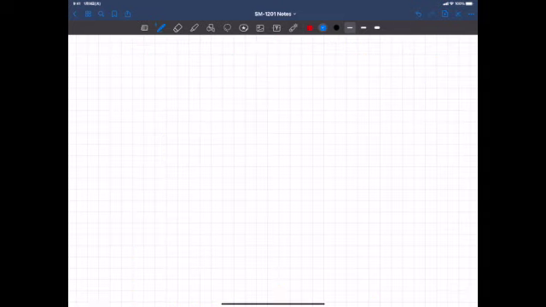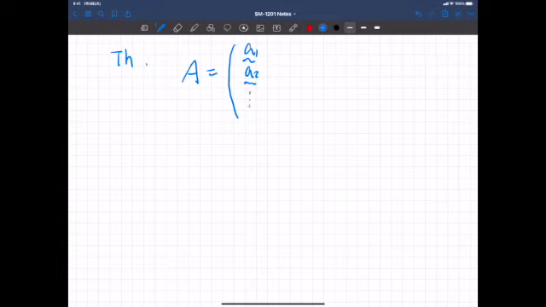The notion of linear independence and dependence has something to do with determinants of matrices. And the following theorem is actually a corollary to a previous theorem. So suppose we have a matrix which is represented as a column vector of row vectors, A1, A2, and An. So this is an n by n matrix.